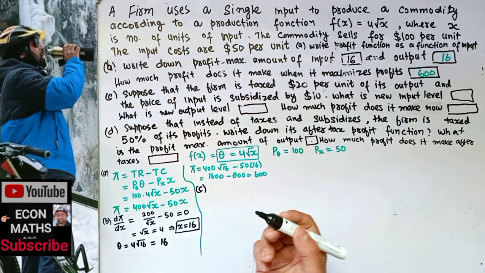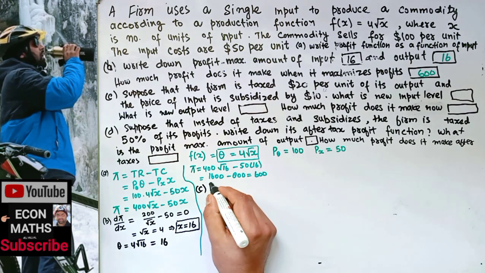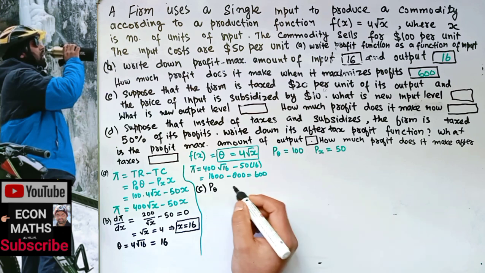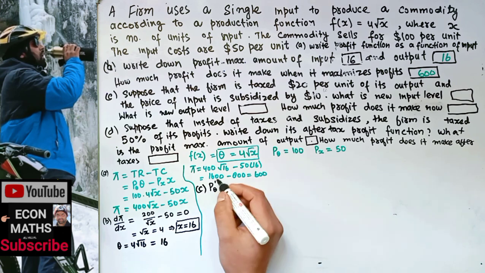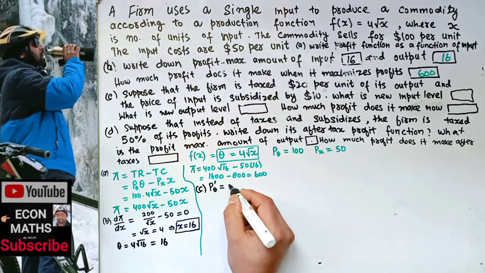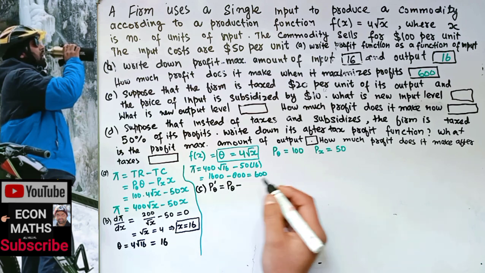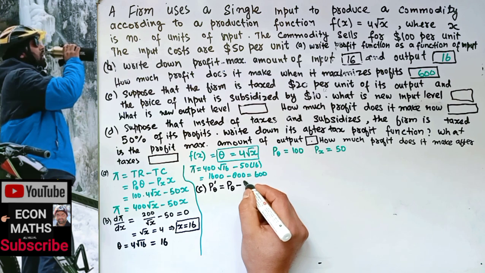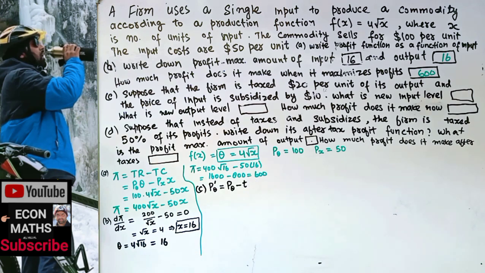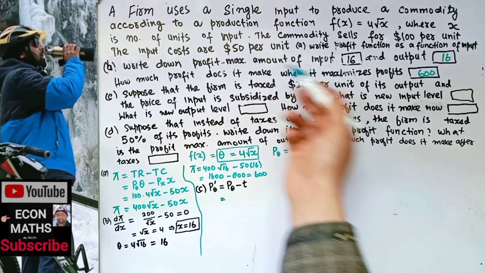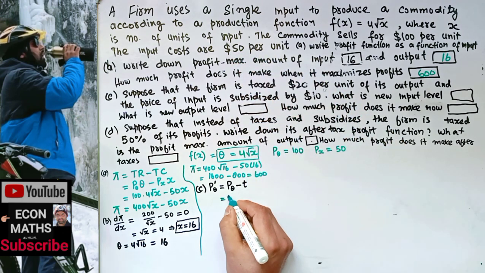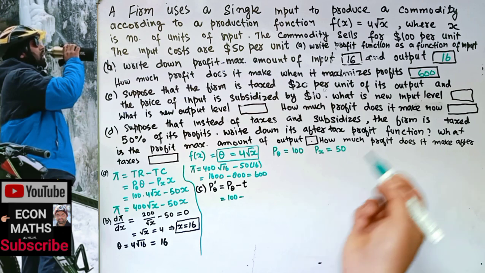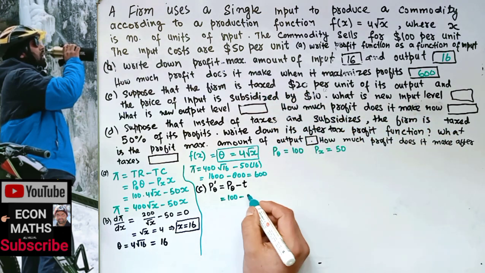Now price of output, denoted by P subscript Q dash, the new price of output, will be equal to the initial price of output minus the tax. So the initial price of output was $100, minus the tax amount, which is $20.